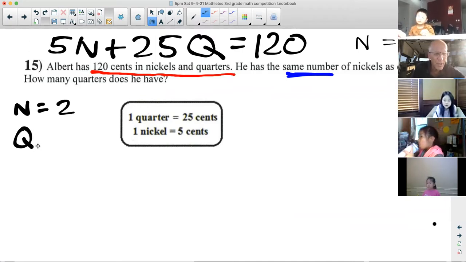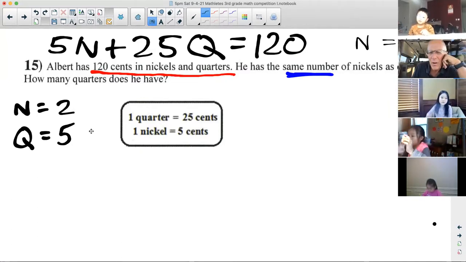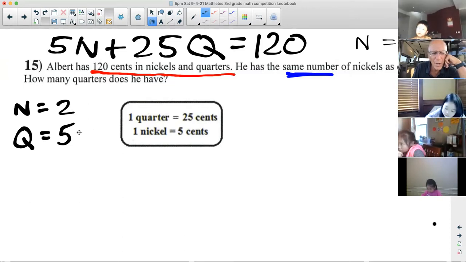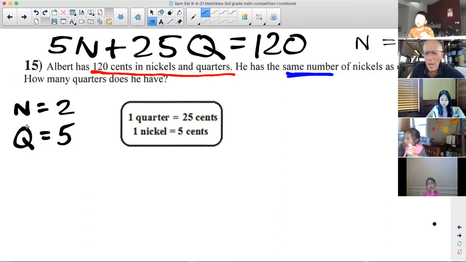How many quarters? 5 quarters. Interesting. Now, guys, I like what he's saying, but aren't the number of nickels and quarters supposed to be the same? Everybody? So, Jason, we need to think about a number of nickels and a number of quarters that are the same.